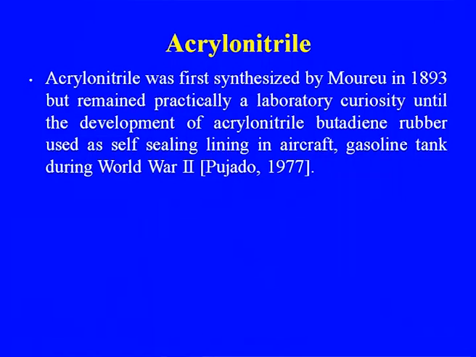Acrylonitrile was first synthesized by Murray in 1893, but remained practically a laboratory curiosity until the development of acrylonitrile and butadiene as a self-sealing lining in aircraft gasoline tanks during World War II. This was the development of nitrile rubber, acrylonitrile butadiene rubber, which was used as the sealant because it had resistance to fuel.